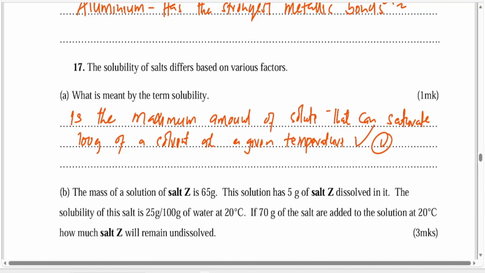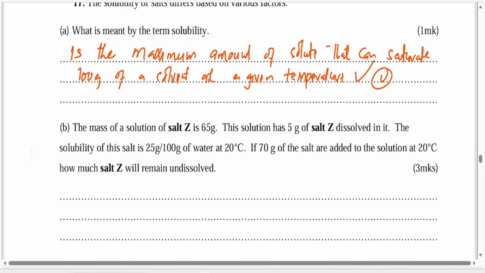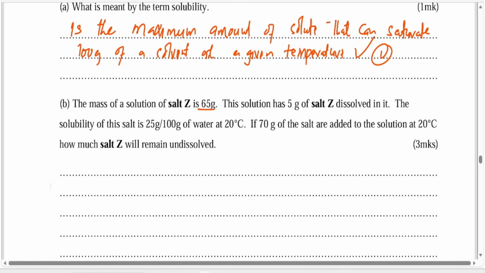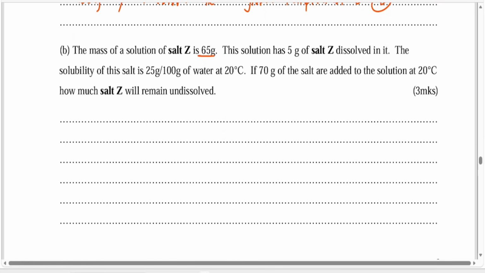Let's look at part B of the question. The mass of a solution of salt Z is 65 grams. The solution has 5 grams of salt Z dissolved in it. The solubility of this salt is 25 grams per 100 grams of water at 20 degrees Celsius. If 70 grams of the salt are added to the solution at 20 degrees Celsius, how much salt Z will remain undissolved?